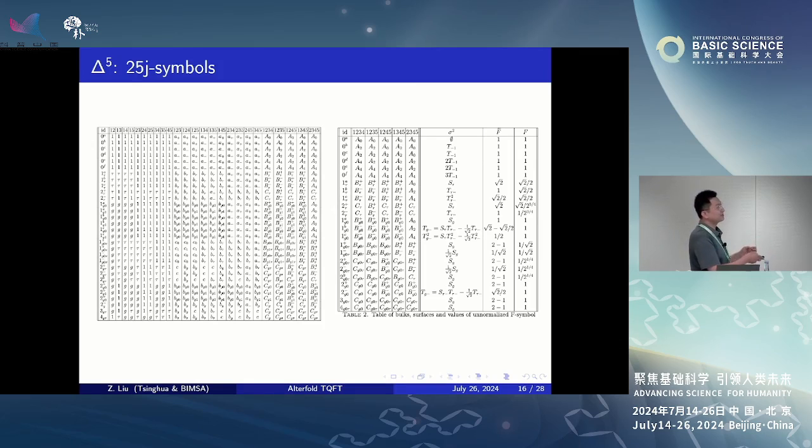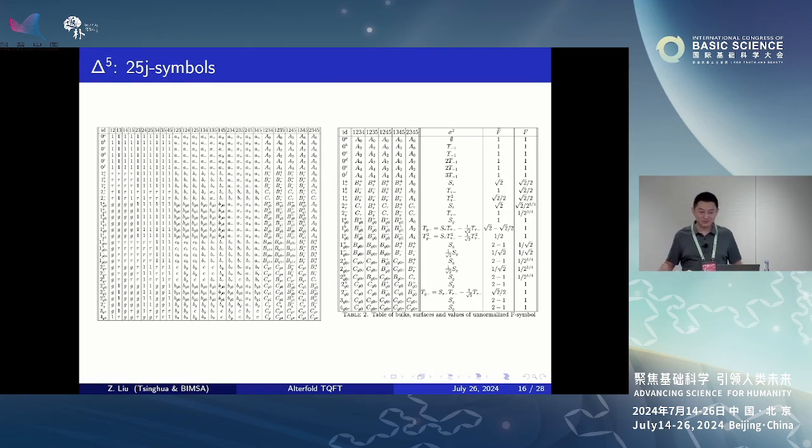Then we can compute their value. How do we compute the value? We glue all the simplexes, those delta 4 vectors, into a delta 5. Then we get a closed S3 with some surfaces inside. We know the function from the beginning, and we compute that function, and that's the F symbol.